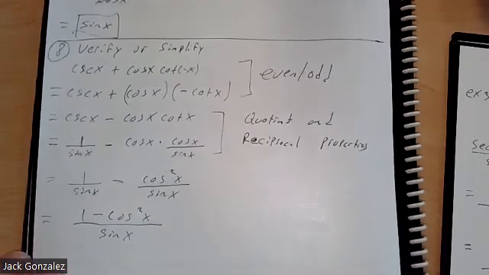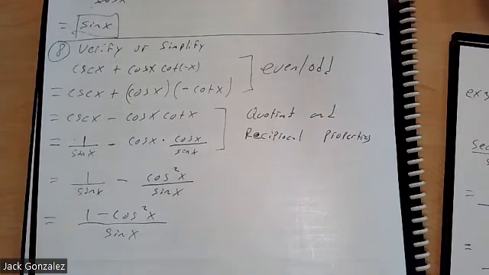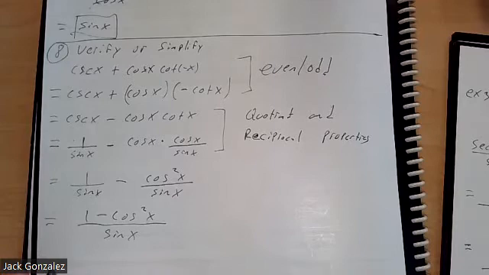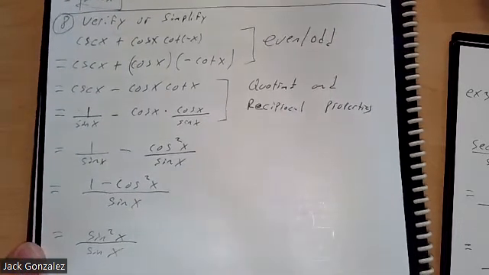At this point, I'm hoping this triggers your mind a little bit. You see a square, what should we use? Yeah, it's going to be the Pythagoreans. I think someone said sine, right? So at this point, what happens?